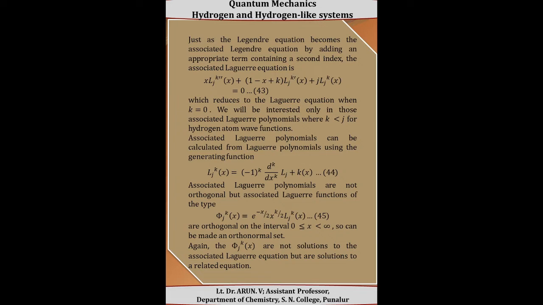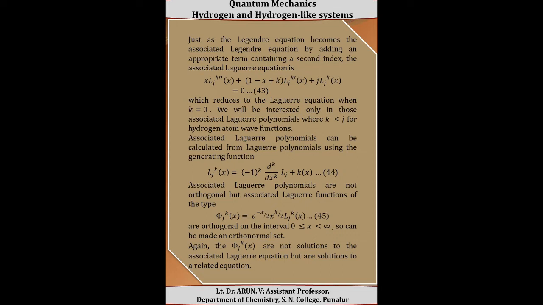This equation reduces to the Laguerre equation when the value of k is equal to 0. Here, in the case of the hydrogen atom, we are interested only in those Laguerre polynomials where the k value is less than j for this system.